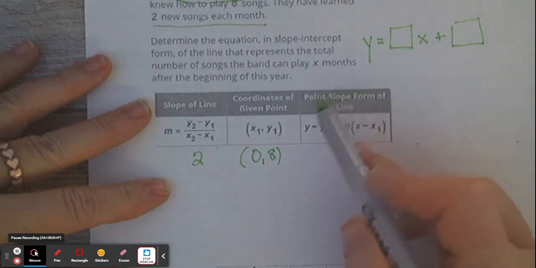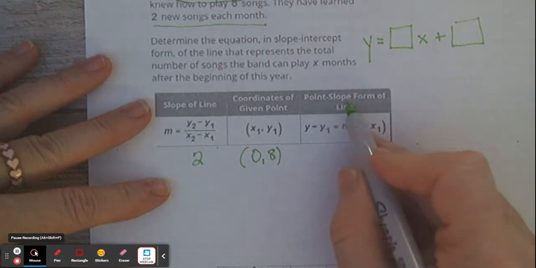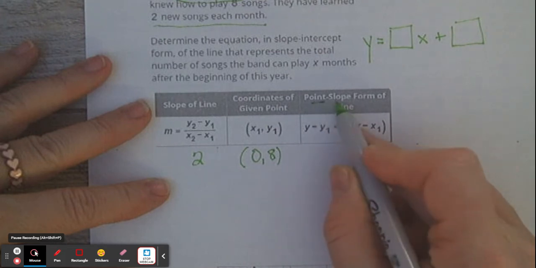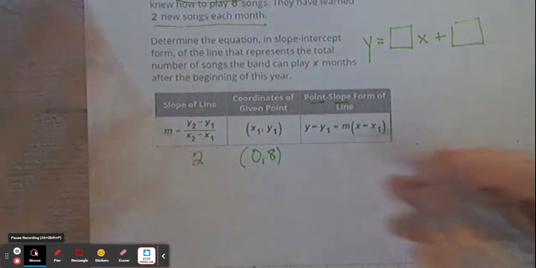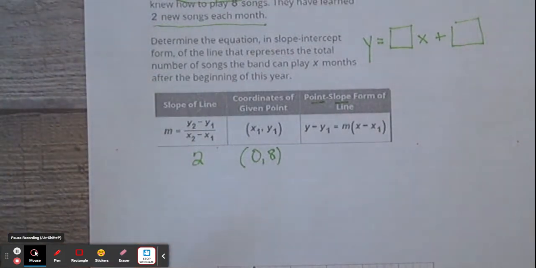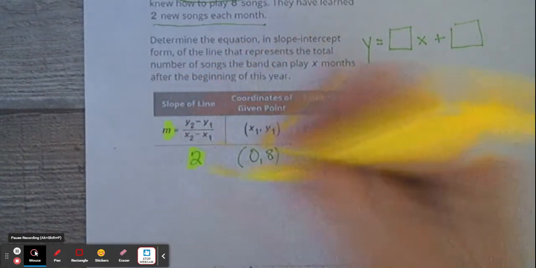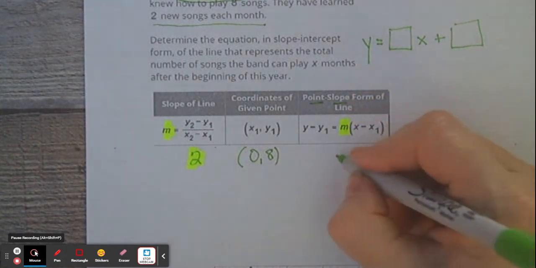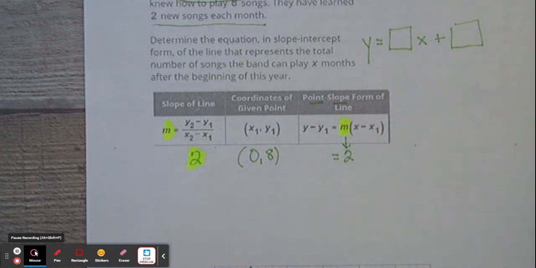But notice you're going to begin building the equation in what's called point slope form. That means we are given a point on the line and we're given its slope. So what you do is you substitute what values you know into this template. So notice that we know m, and m goes right here. So we bring our equal sign down, and in place of m, we put a 2.